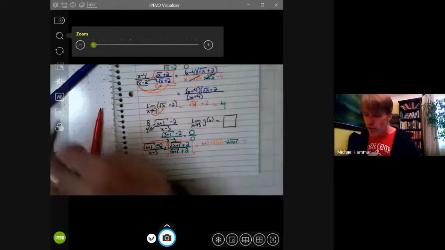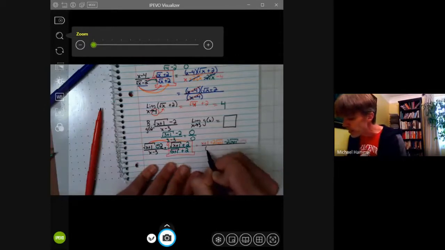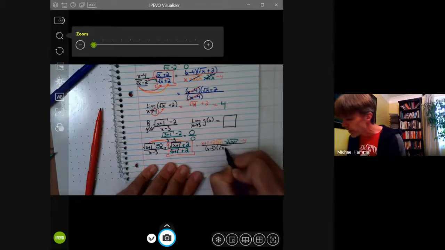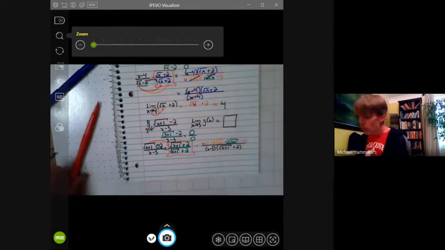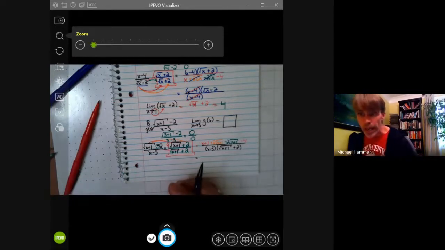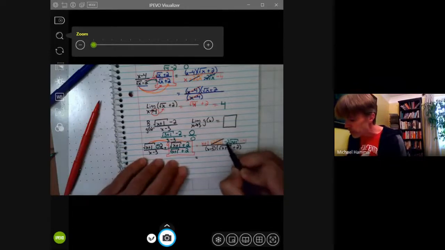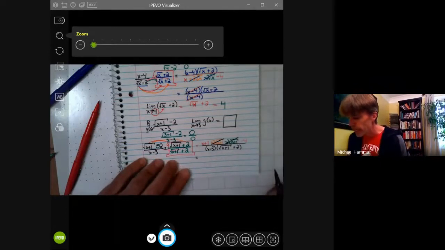And then do not multiply the bottom out. Just leave it as x minus 3 times the square root of x plus 1 plus 2. So we need to do a little simplification with the numerator, and then we'll see what happens. Notice, these two parts cancel out because one's a positive, one's a negative.